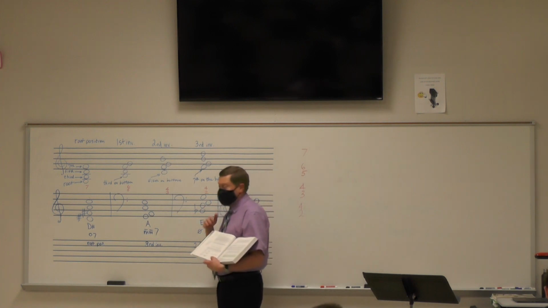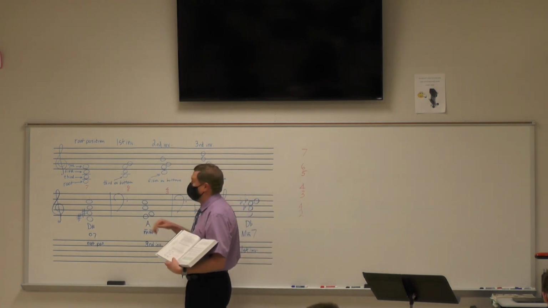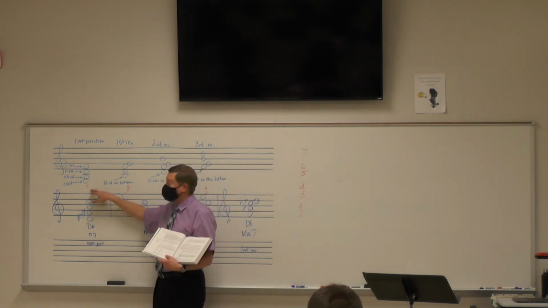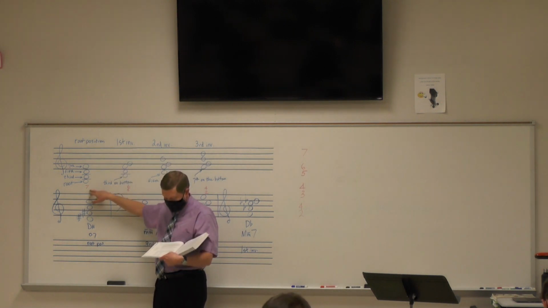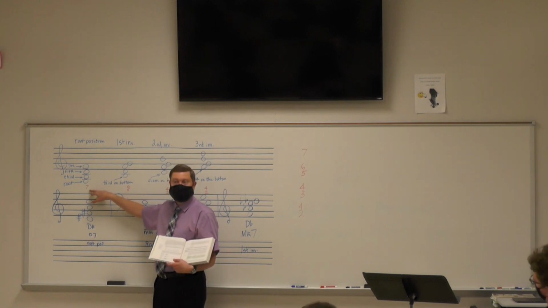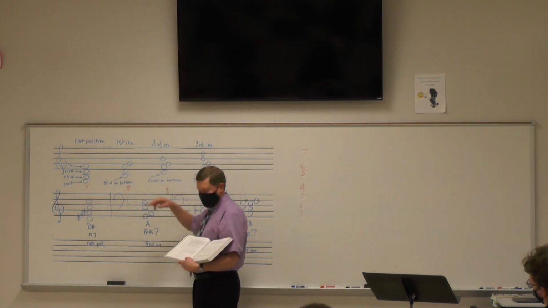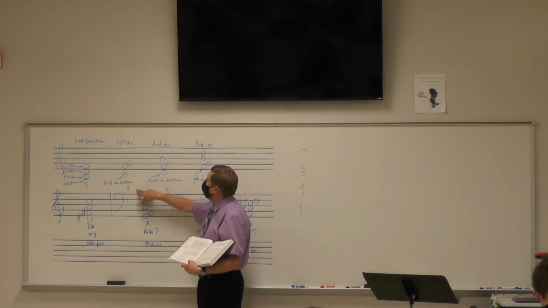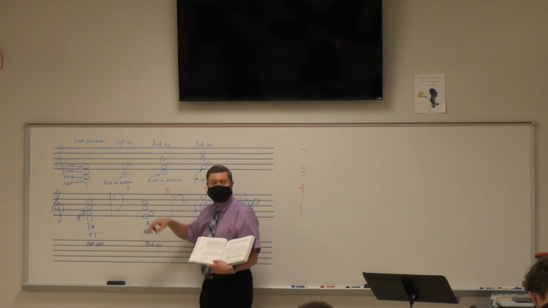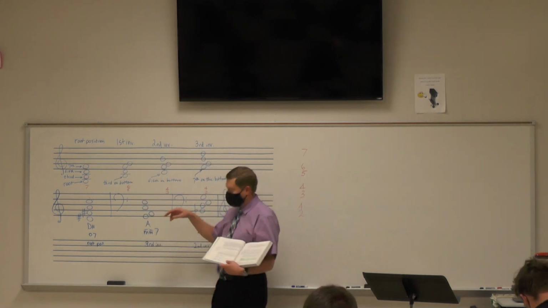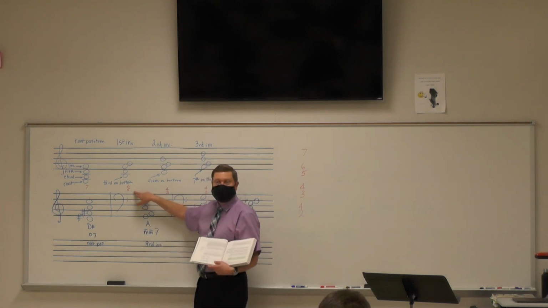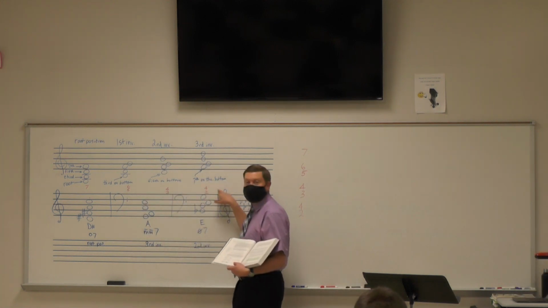The table will tell you that the full base position symbol for root position is 753, but the symbol most often used is just 7. And the full symbol for first inversion seventh chord is 653, but the symbol most often used is 65, and so on and so forth.